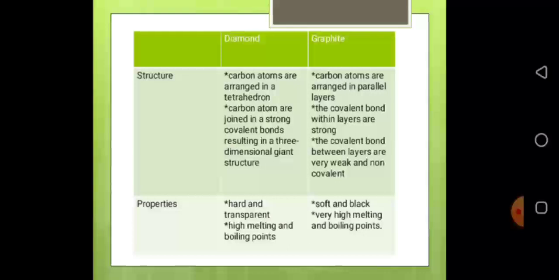So let's see the structure of diamond, and the properties and uses of the allotropes of carbon.